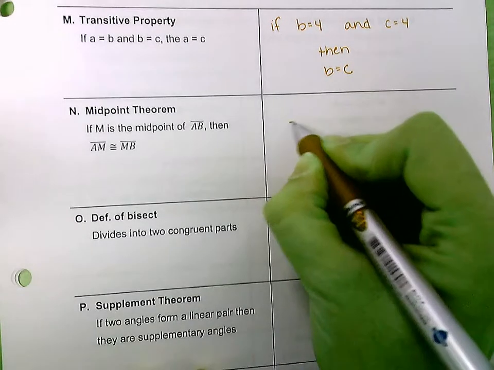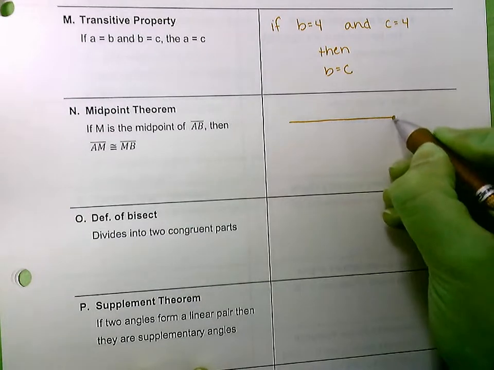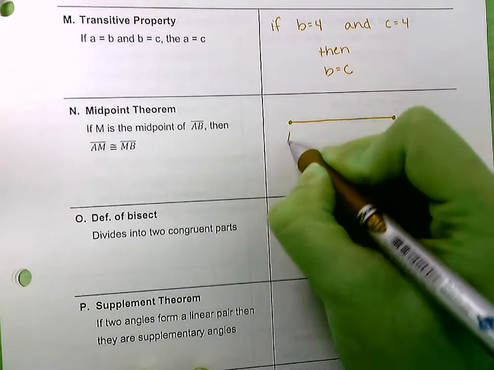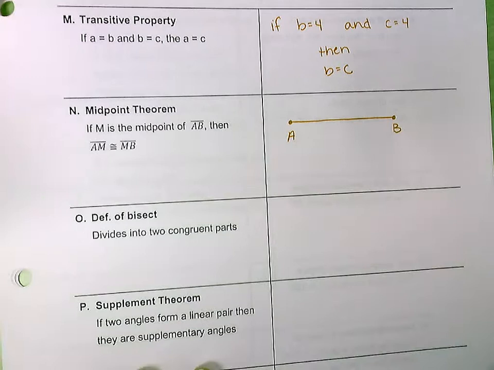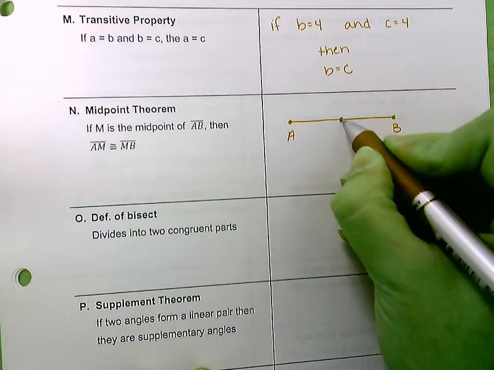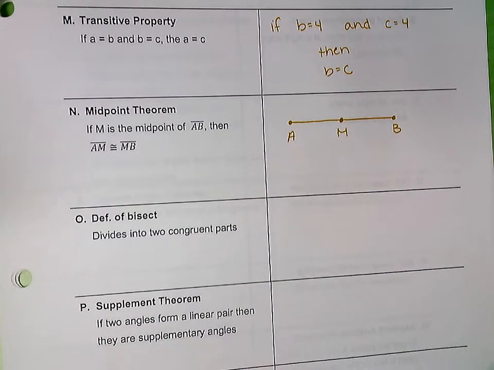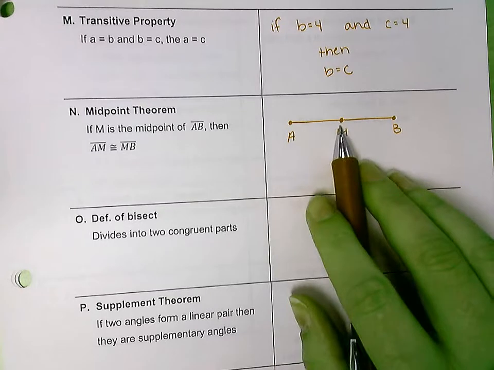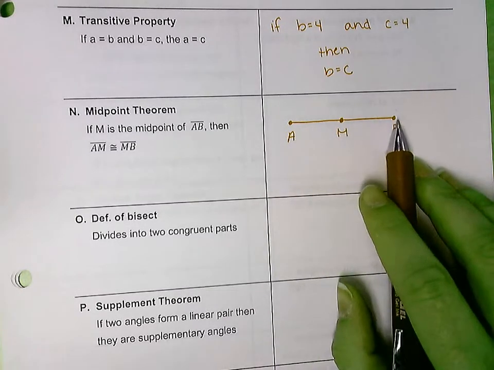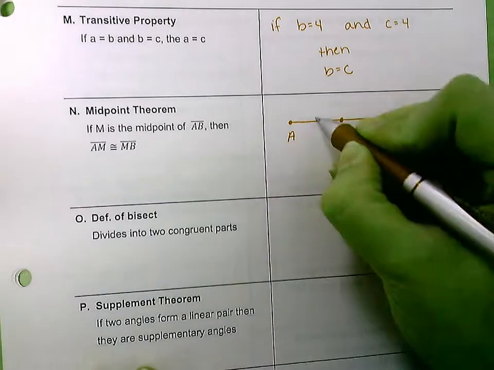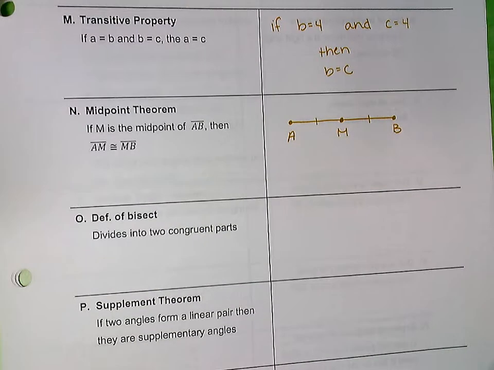So if I have this segment AB and a midpoint M in the middle, I know that those two smaller segments are congruent or equal. So AM is congruent to MB, and I can mark those as congruent with that dashed line there.